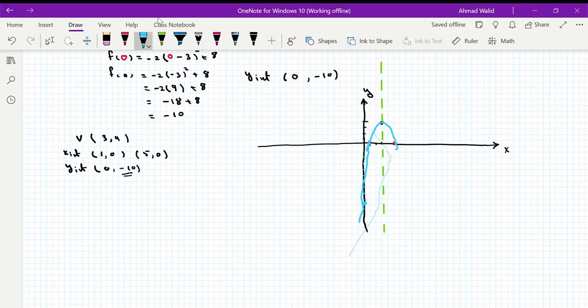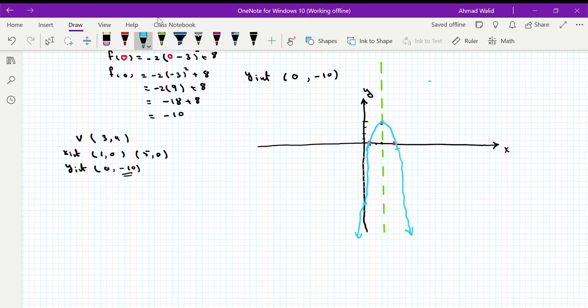Aha, I couldn't graph it. Let me clean this part. It's so difficult. It should be a nice shape of parabola passing from this point, correct? And also same way here.